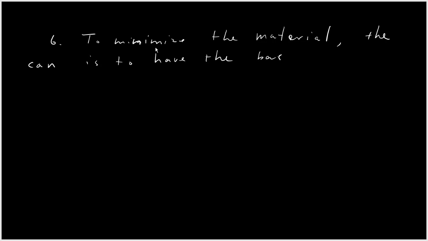To minimize the material, or the surface area of the cylinder, to minimize the material, the cylindrical can is to have the base radius of, you told me, 0.62 decimeters, right?